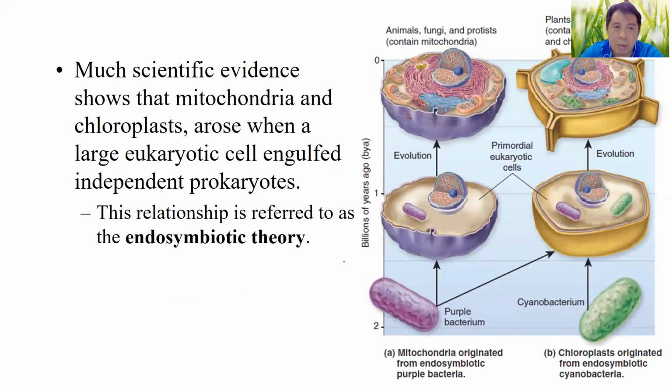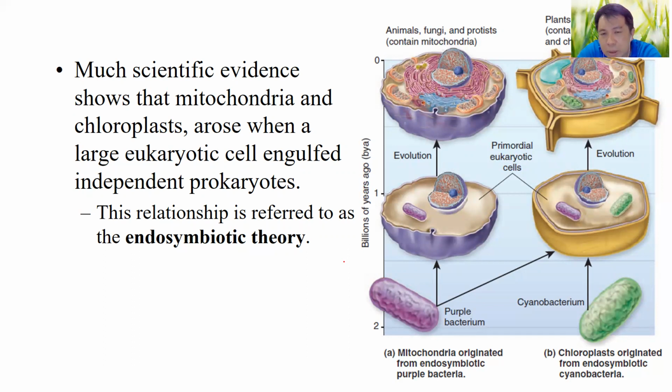We've discussed it. Much scientific evidence shows that mitochondria and chloroplasts arose from a large eukaryotic cell engulfing independent prokaryotes. You see, mitochondria and chloroplasts are organelles with a double membrane, and they have circular DNA, very similar to prokaryotic cells.